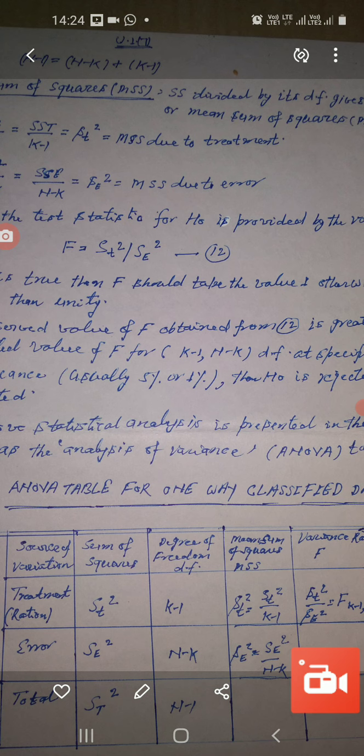Thus we have considered test statistics for treatments and varieties.